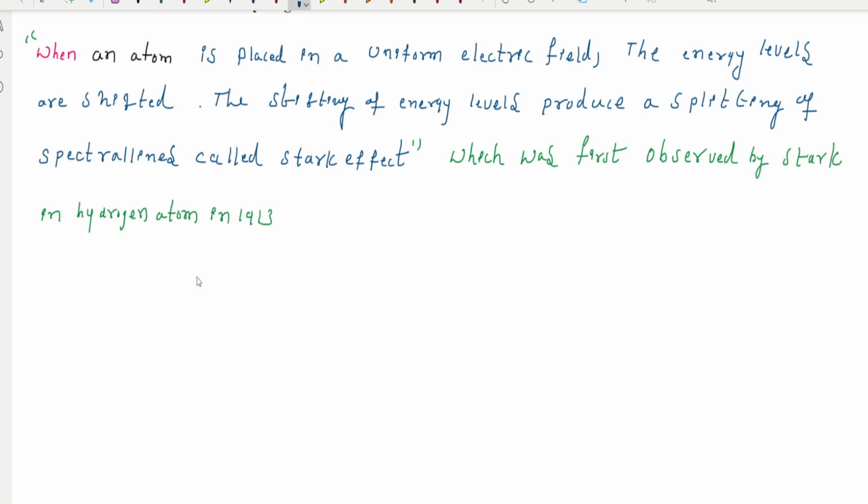If you spend a little bit time to understand this effect a little more elaborately, consider an atom situated at origin.